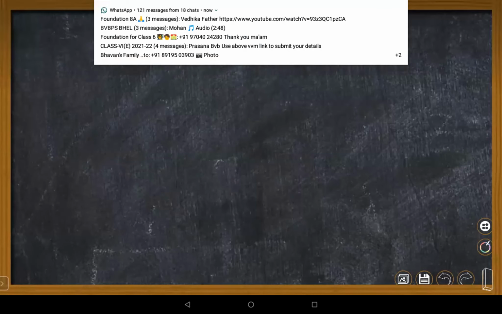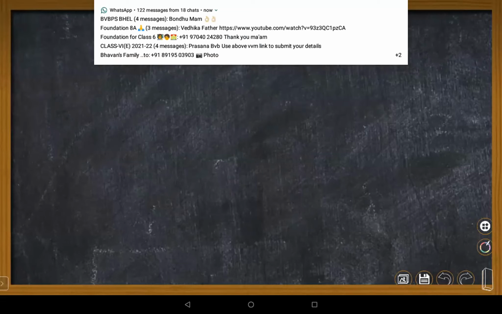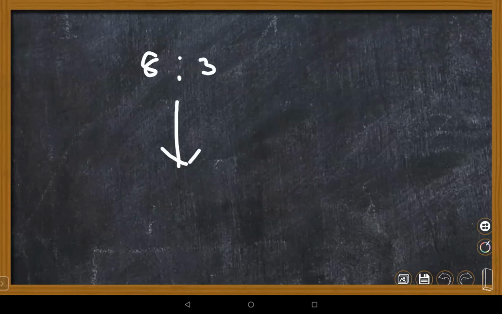Very good. Now there is a question for you, children. The ages of Tulasi and Darshini are in the ratio of 8:3. 6 years hence, their ages will be in the ratio 9:4.